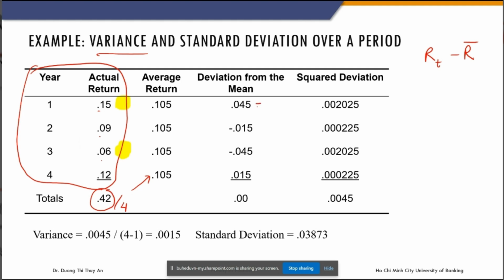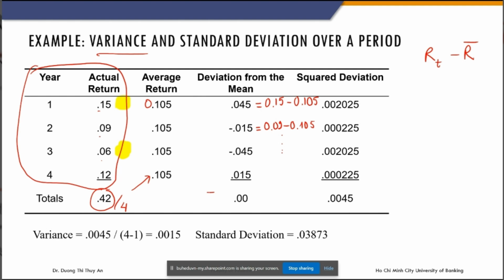This one is equal to 0.15 minus 0.105. Remember there's a 0 here, but it was dropped for simplicity. And here this one is equal to 0.09, minus the average value of 0.105, and so on.